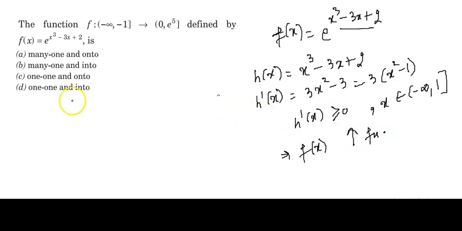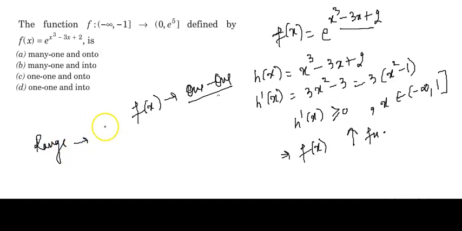If f(x) is an increasing function, this implies that f(x) is one-one. We know that whenever a function is monotonic, whether increasing or decreasing, that function will be a one-one function. Now let us see the range of f(x).